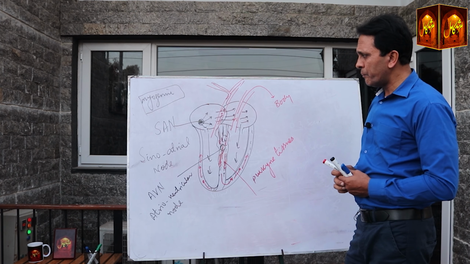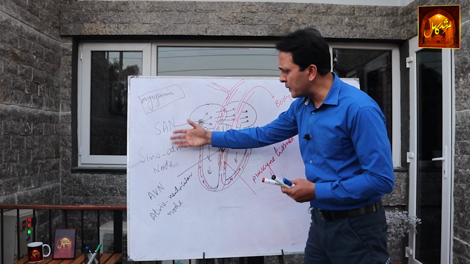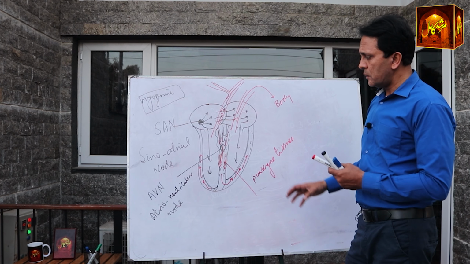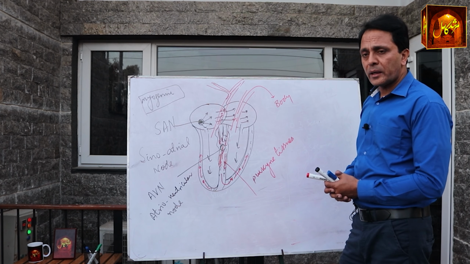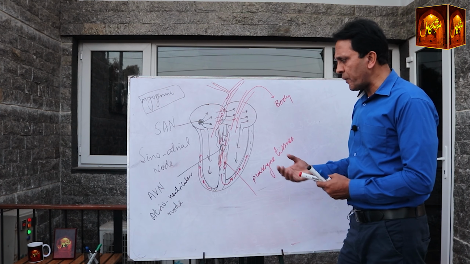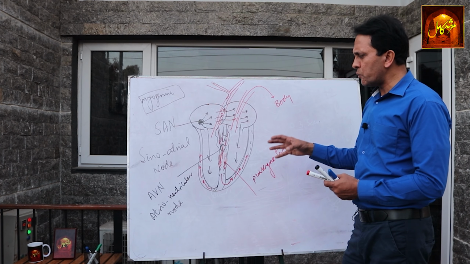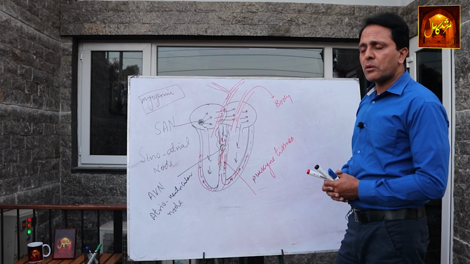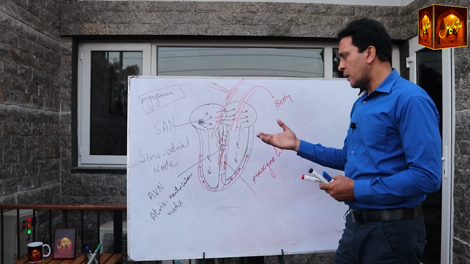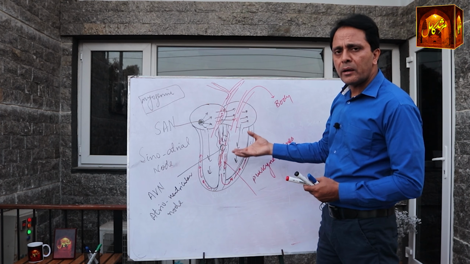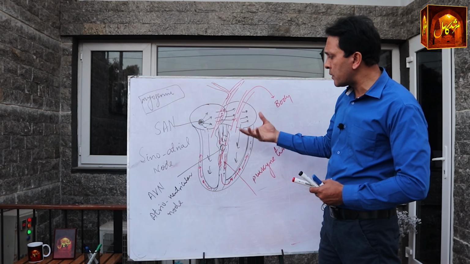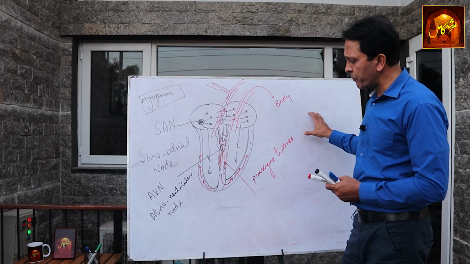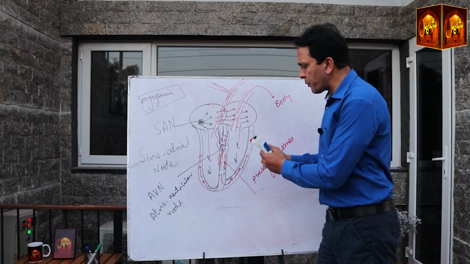So this is the way in which both these nodes, the SAN and AVN, provide current, a wave of excitation. This wave of excitation helps the muscles to contract in a way in which the atrium and ventricle contract rhythmically and move blood out of the heart. So this is called contraction.